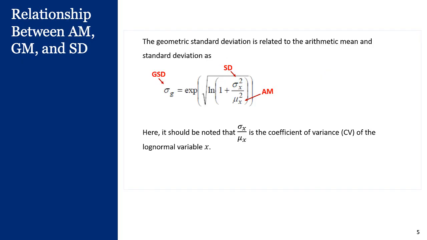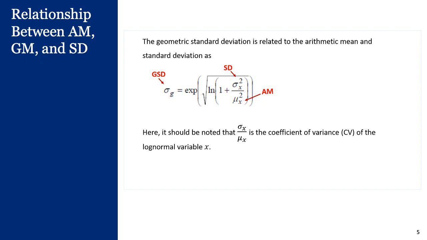And in a similar fashion, there is a relationship between the arithmetic mean, geometric mean, and the standard deviation. And the formula is given as shown here. So sigma g is the geometric standard deviation, and it's the exponent of the square root of the log of 1 plus sigma x squared divided by mu x squared, where sigma x is the standard deviation and mu x is the arithmetic mean of the values.